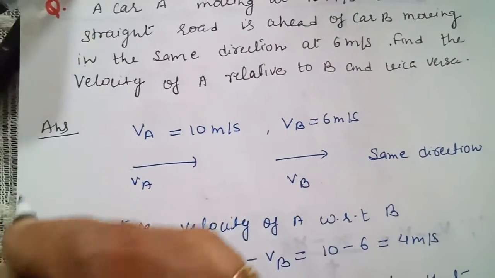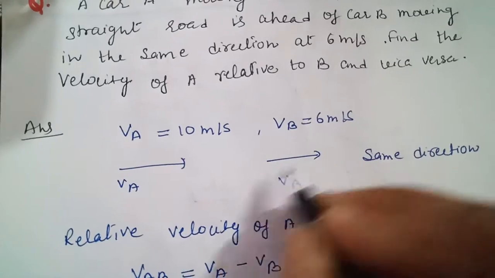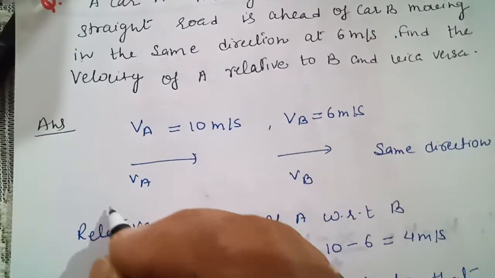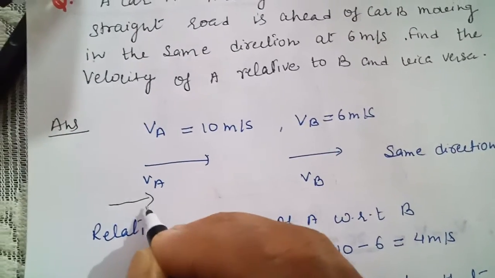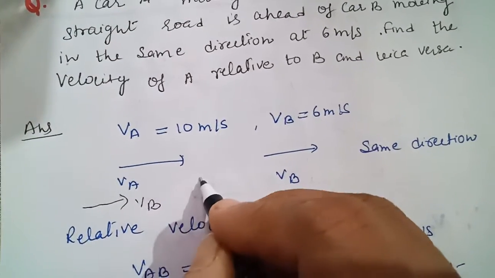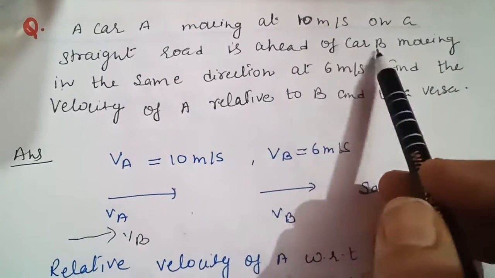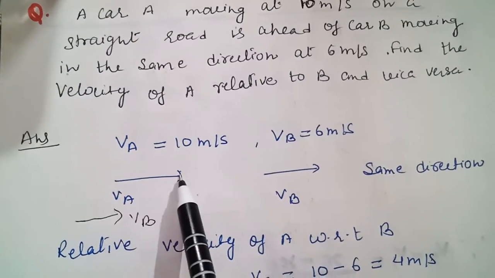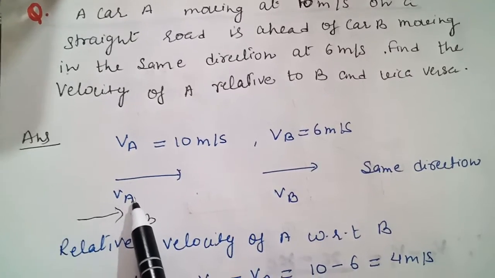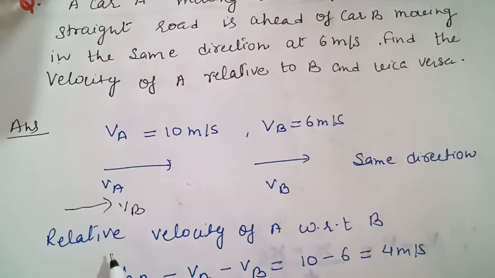So if I am taking, this is the car A moving in this direction, and this is the car B, moving with velocity VB in the same direction, and it is given that car A is ahead of car B. So the car A is ahead of car B, moving in the same direction.